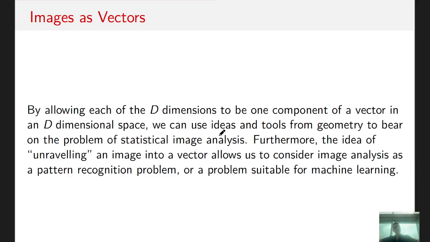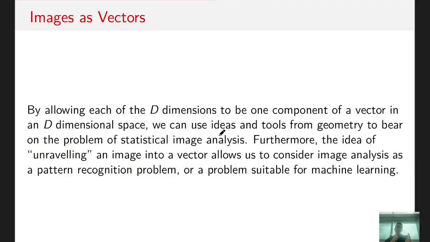Now that is, in some ways, just a housekeeping problem. It shouldn't concern us very much, but it does have some practical implications in terms of how we build efficient algorithms to process images.